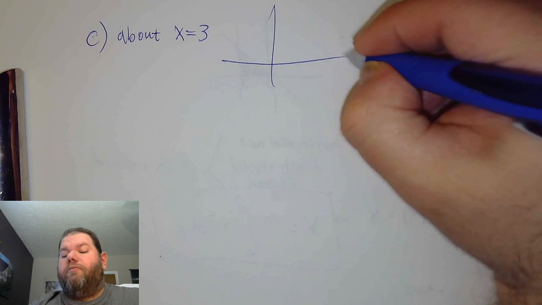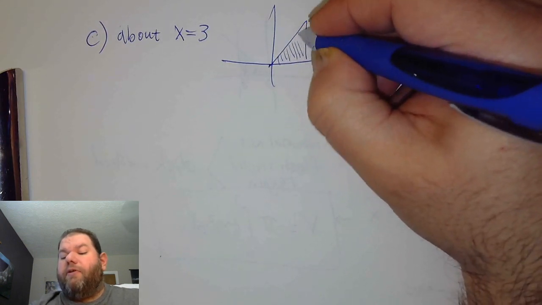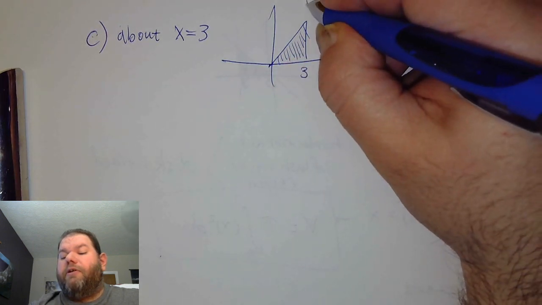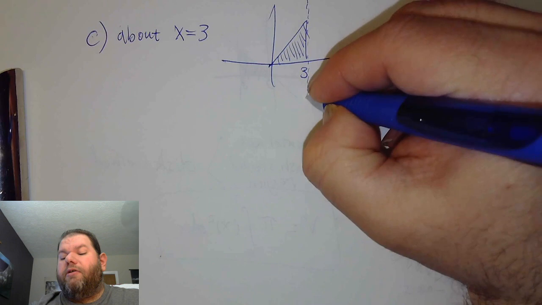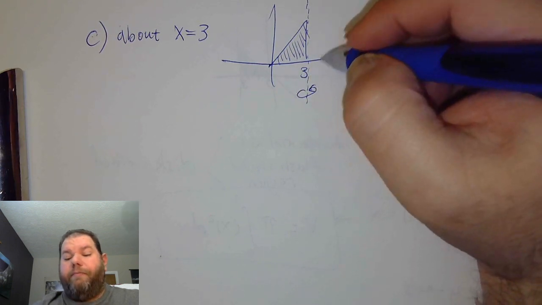Now, same shaded area that we've been using. We know it goes from 0 to 3. Now x equals 3 is actually just on this right edge of our figure.